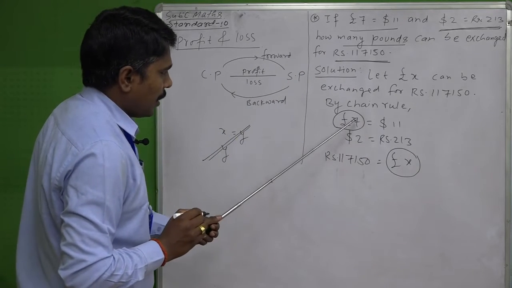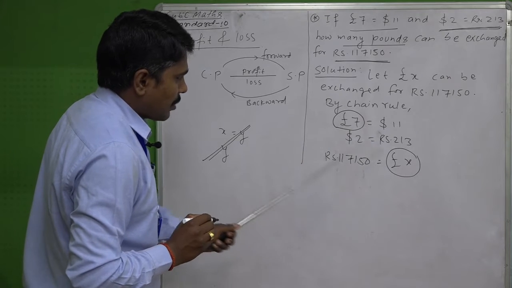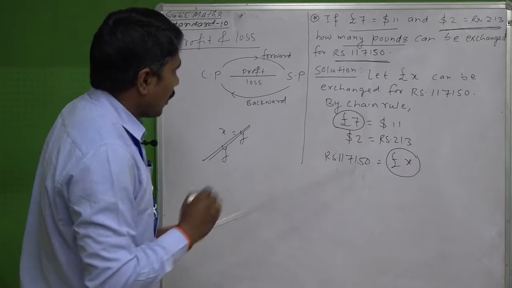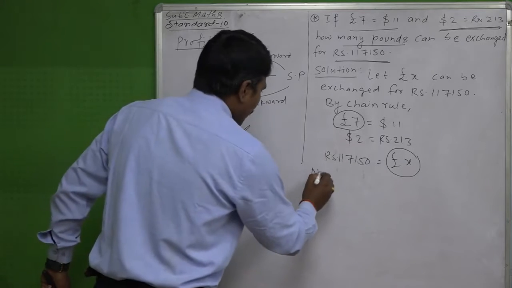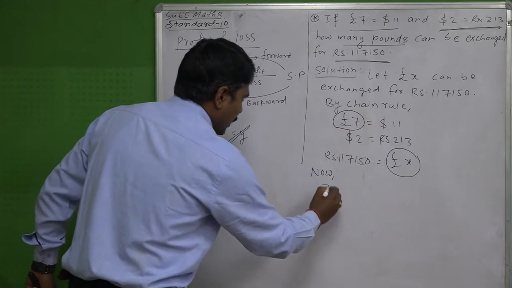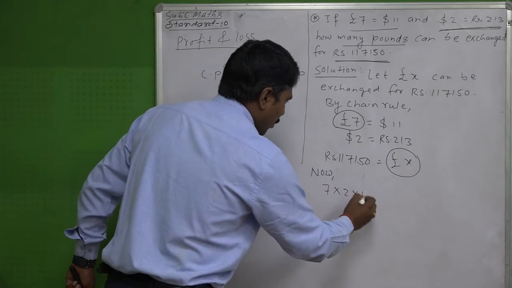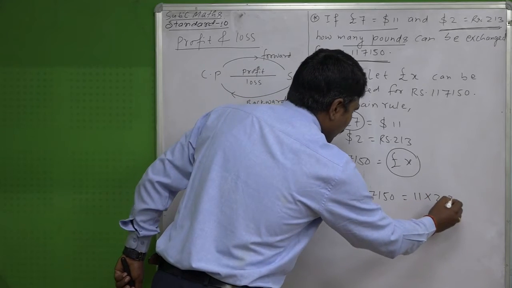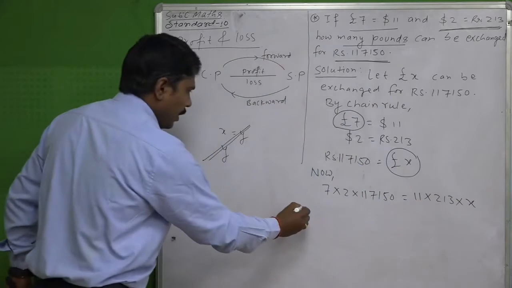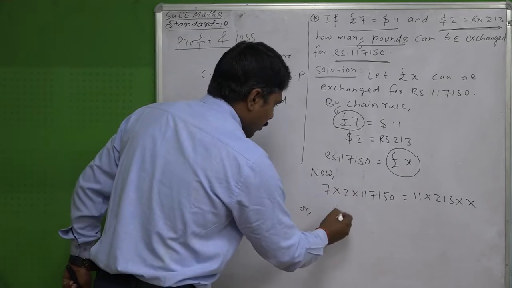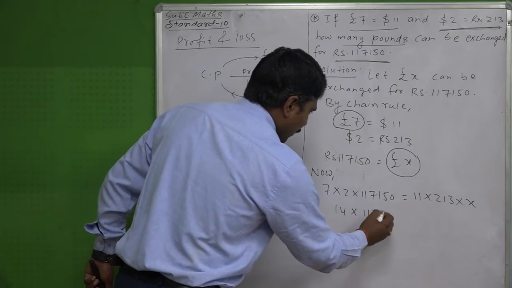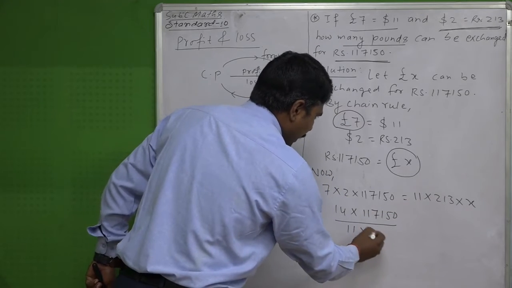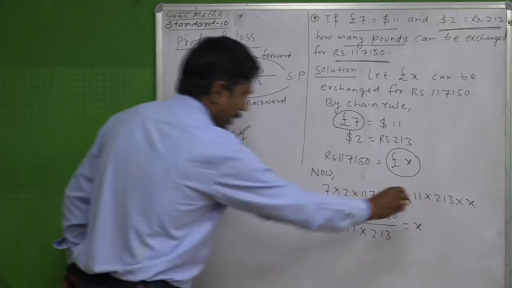By the chain rule, if the units are not the same here, then you may be doing it wrong, and then you have to do it again. Now we multiply: 7 into 2 into 1,17,150 is equal to 11 into 213 into X. Now what is multiplied on this side goes to the other side as division, and X stays as it is.